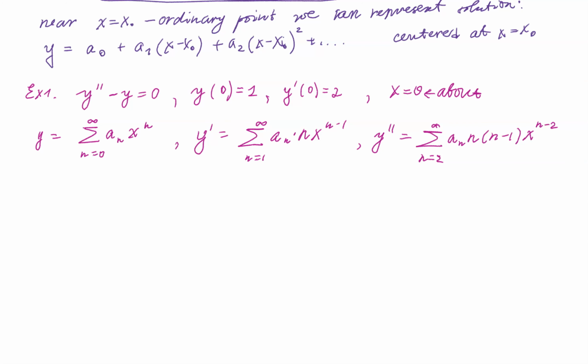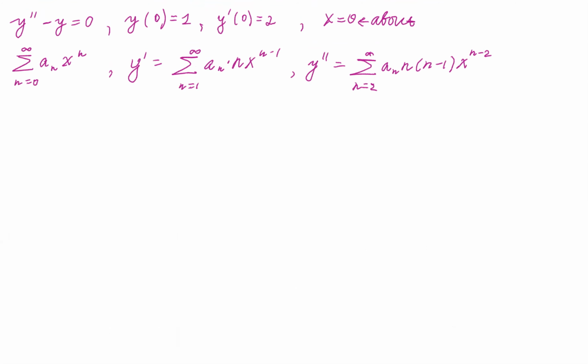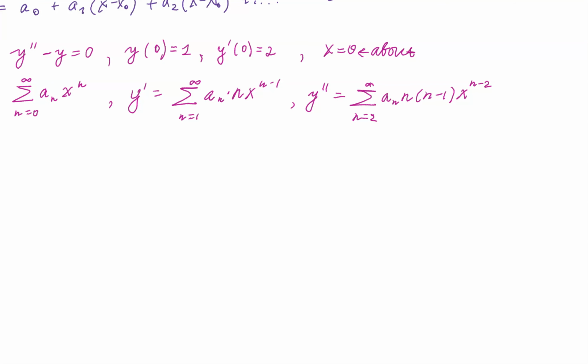Well, now I'm ready to substitute it into the differential equation. What I'm going to do, guys, here I'm going to shift my index. I'm hoping that you did a review of section 5.1 where we deal with series and different theorems about series, which we were supposed to know already, but if you forgot, that review is going to be good to do. Okay, sorry, my formulas disappeared. So I'm going to shift my index back to 0. Why?